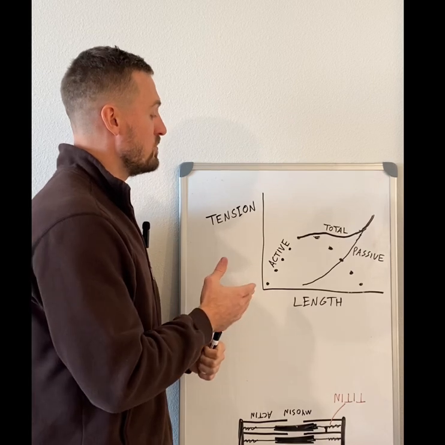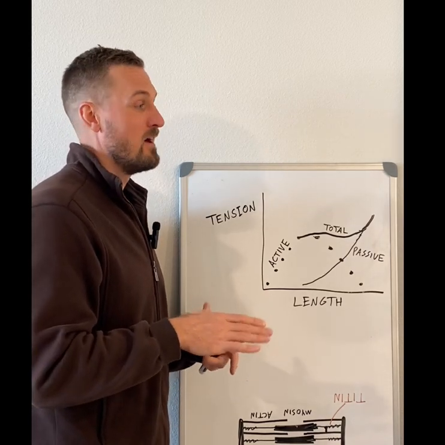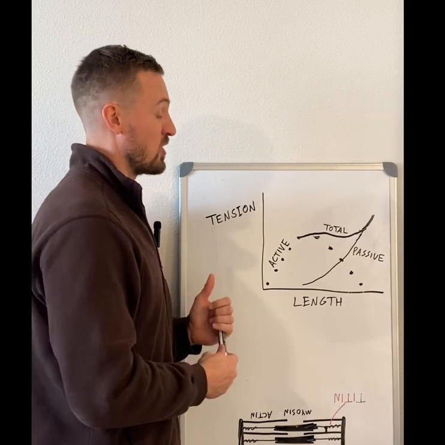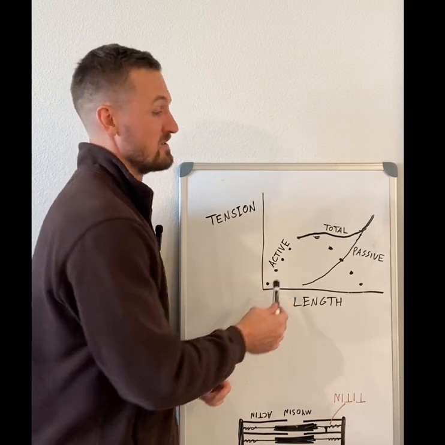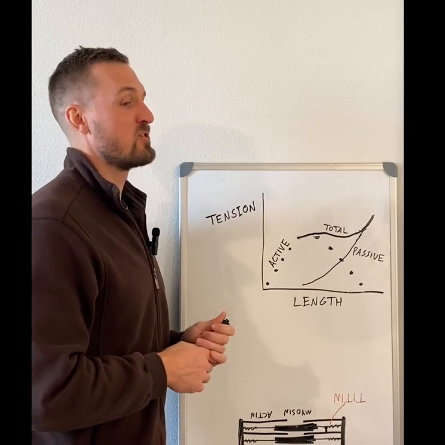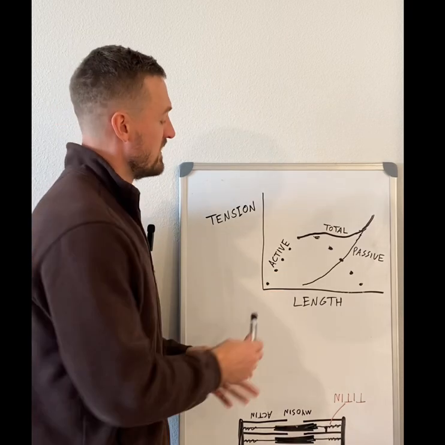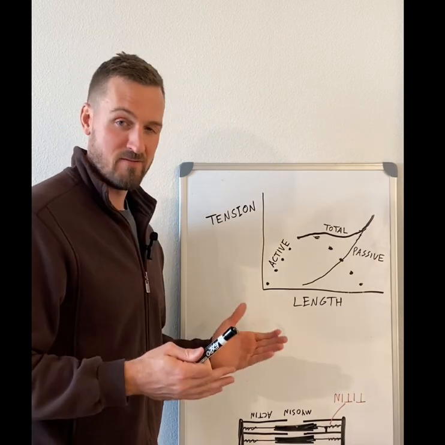Now, if you have a specific skill that you're trying to learn or a specific movement you're trying to learn that requires you to be strong at short muscle lengths, then you're going to have to train that. But in terms of creating general adaptations to make you good at a broad range of things, training at short lengths, generally not very effective.